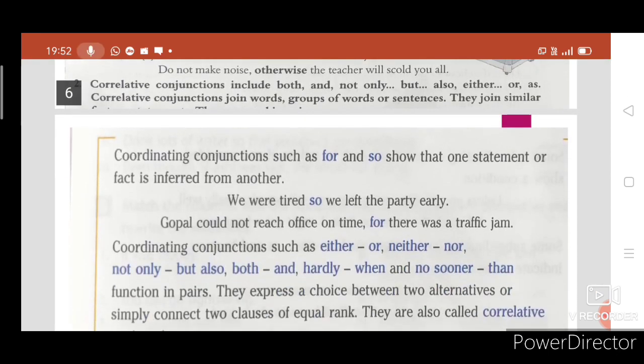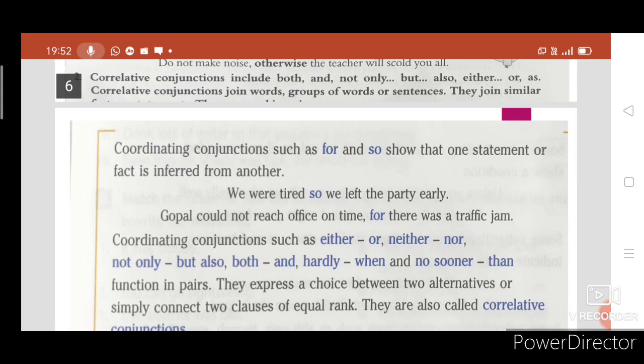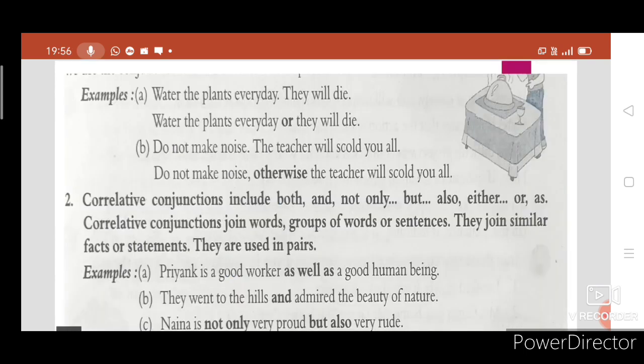Now we will move to the correlative conjunctions. In some places you will get correlative as a part of coordinating conjunctions. When we join similar facts or statements, we use correlative conjunctions. They are used in pairs.